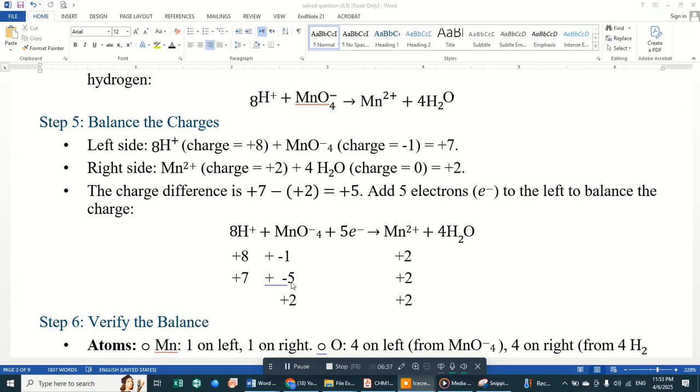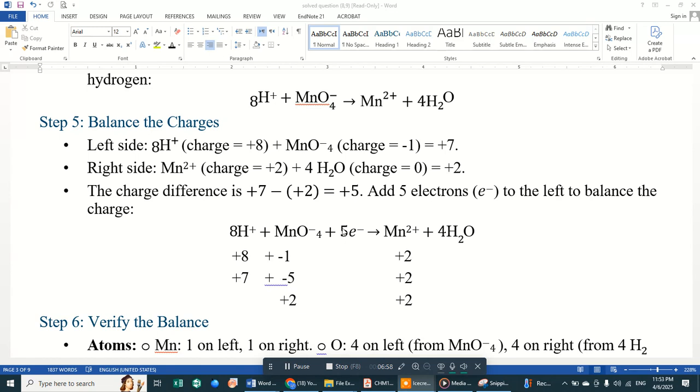We put -5 on the left-hand side, +7 -5 is +2, and the right-hand side is also +2. It means charges are balanced, +2 and +2.